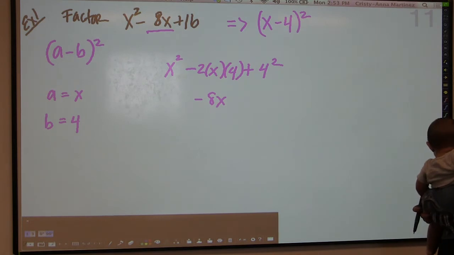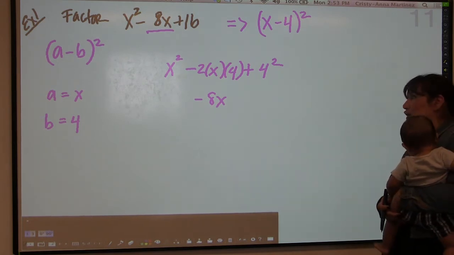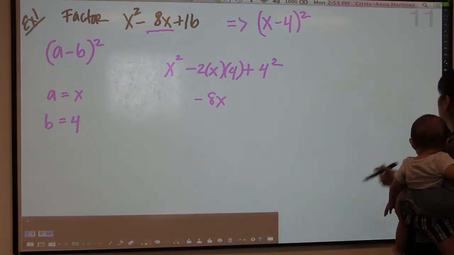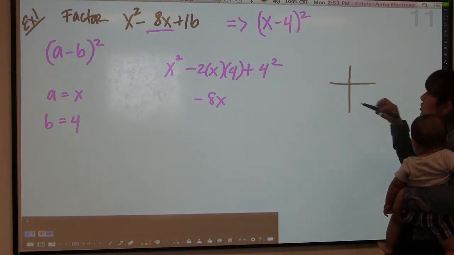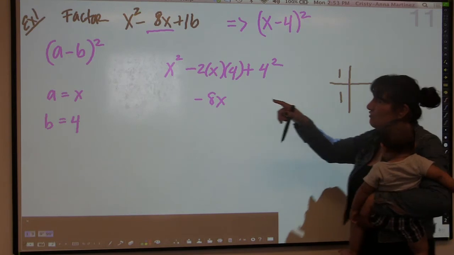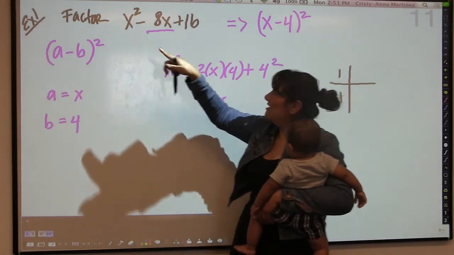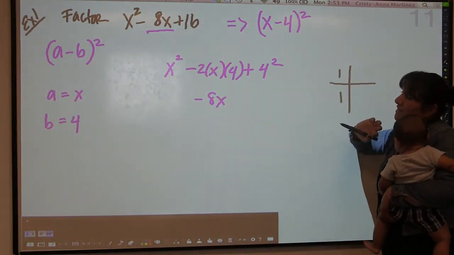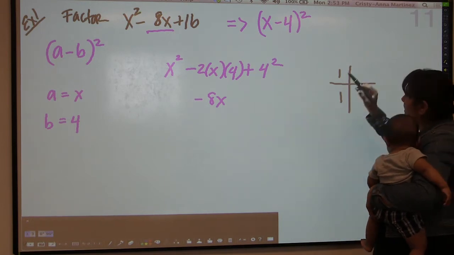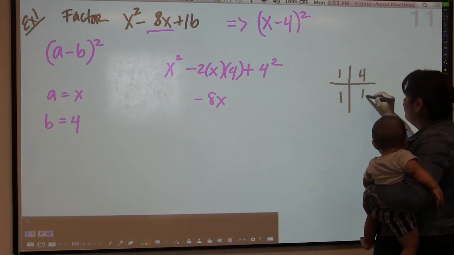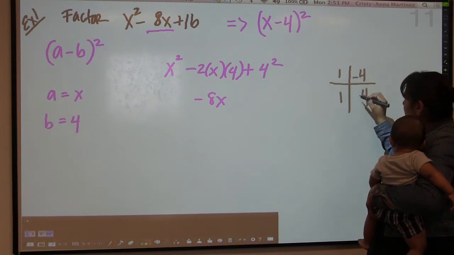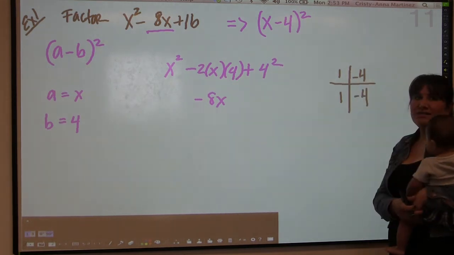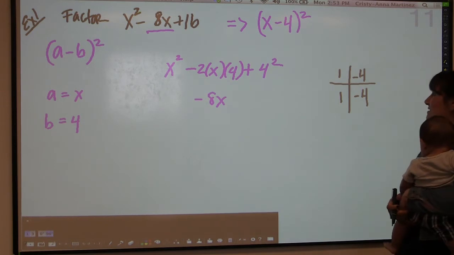Now I want to show you that if that's too complicated or you just don't like it, you can still use the method we've been using in the past. You still want to put a 1 and a 1, because the factors of 1x squared are 1 and 1. And then when you find factors of 16, it's going to be 4 and 4. 4 times 4 is 16. And if you make them both negative, negative 4 times negative 4 is positive 16.